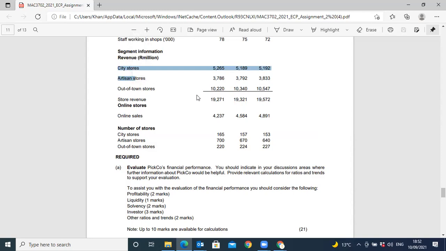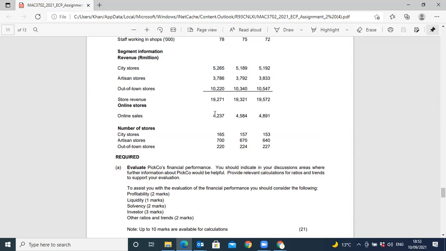Here you can already see that out of stores is 10. If they must close down artisan and the other one, they're almost going to lose half of store revenue. So that tells you it is quite a large chunk of revenue that they want to lose out on.